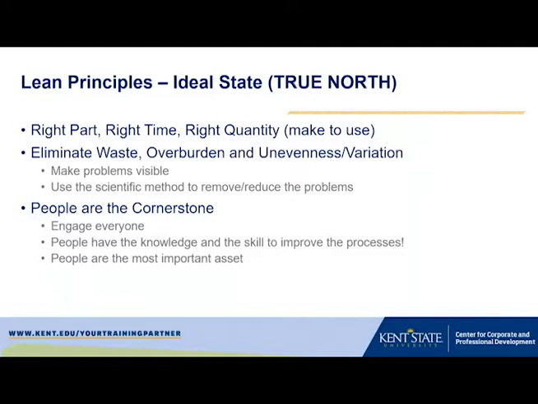And the big thing to do that is people, because people have the knowledge, and engaging everyone gives you the best opportunity to capture all of the knowledge that all of the people in your organization have. People are the most important asset. They should be valued, recognized, and developed.